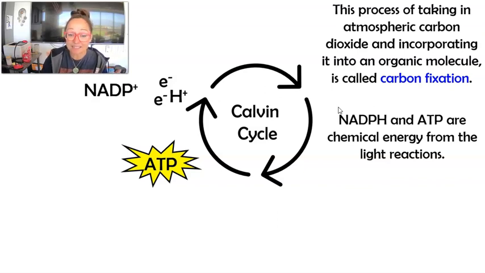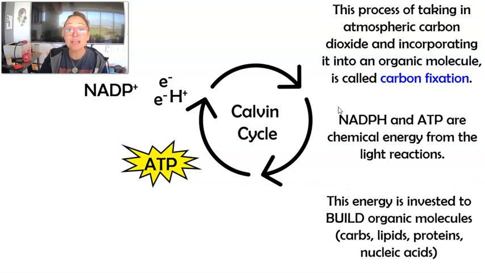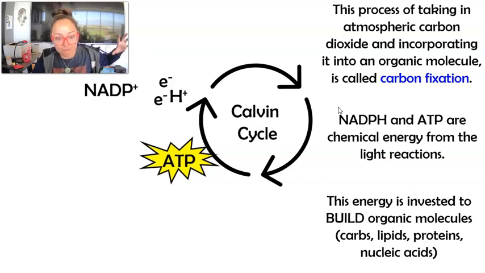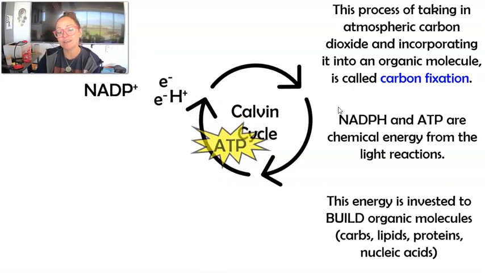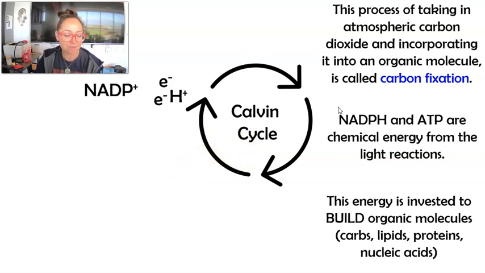Now, this is the source of energy used to build the plant's organic molecules, carbs, lipids, proteins, and nucleic acids. So the reactions of the Calvin cycle are going to invest this energy. It's basically called an anabolic pathway.